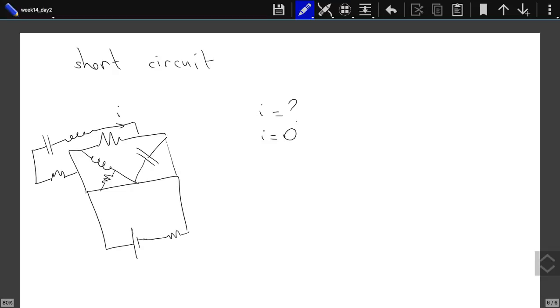Okay, so there's a potential difference between this point and this point. Resistance or the other circuit devices we use try to block this movement or slow down.